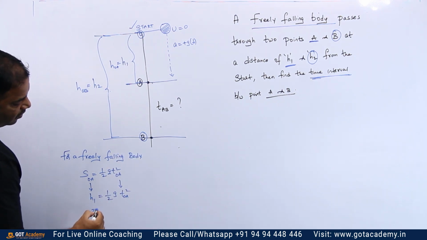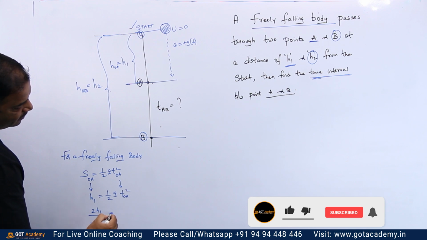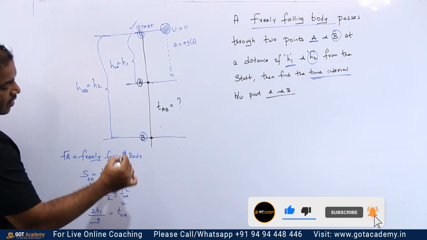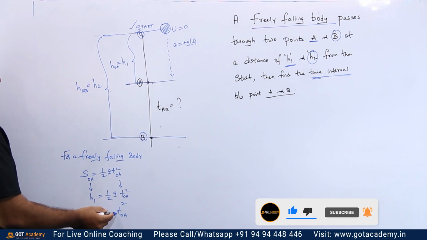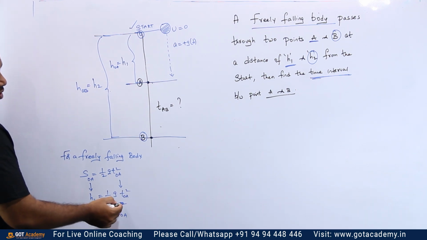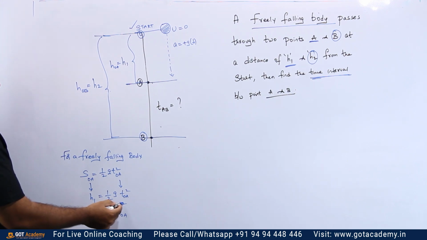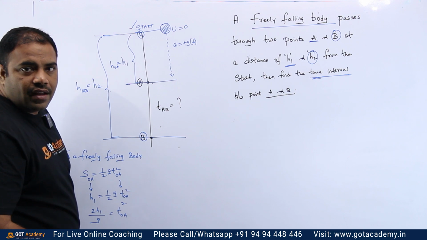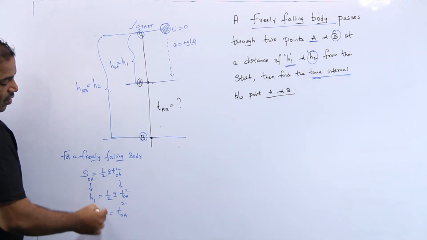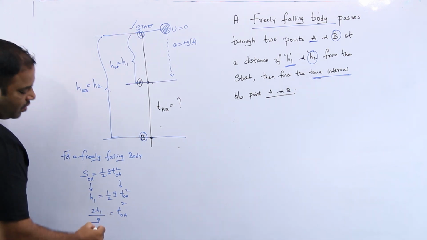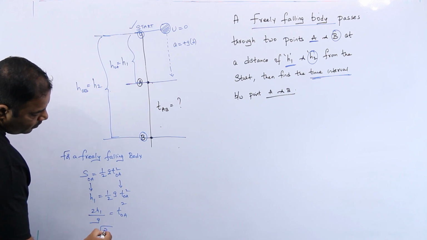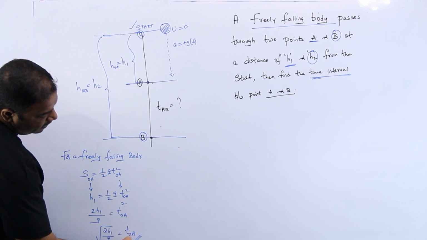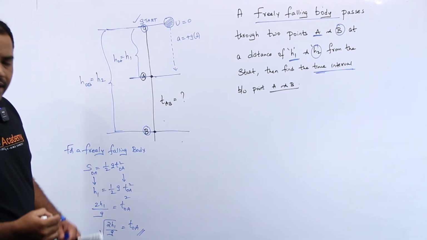So here, if you observe, 2h1 by g is equal to the time taken from O to A whole square. Now I don't want this whole square. Why? Because I just want the time, not the square of the time. So I have to push this square to the other side. If it moves to the other side, it will be to the power of 1 by 2. That is root. So root of 2h1 by g is equal to the time taken from O to A. Like that we could write.